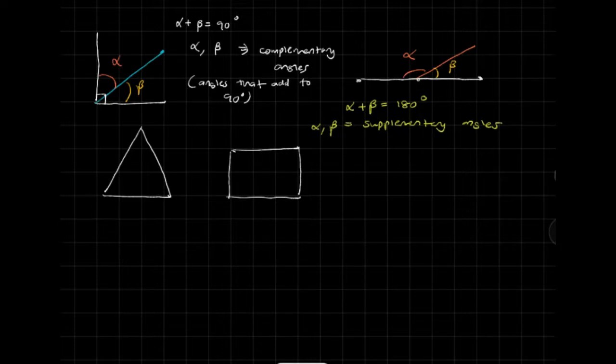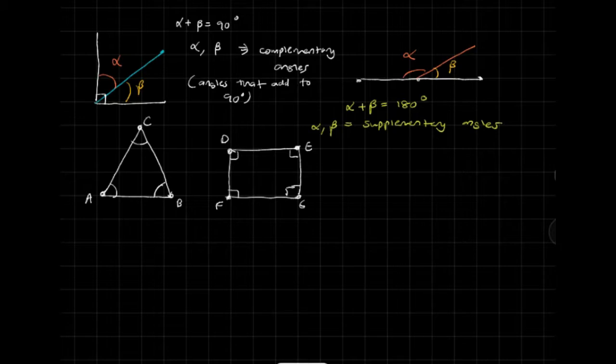Let's name the vertices of these polygons: let's call these A, B, and C, and let's call these D, E, F, and G. So basically, all of these angles on the inside of these polygons actually add up to a specific value.